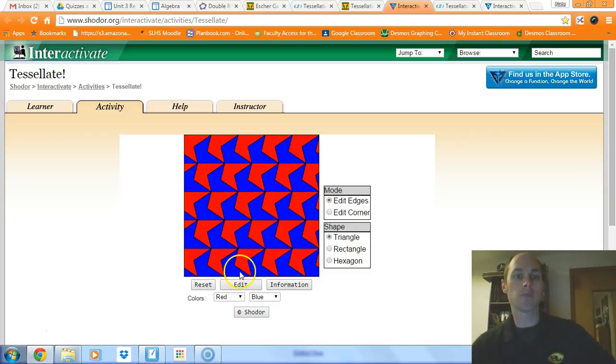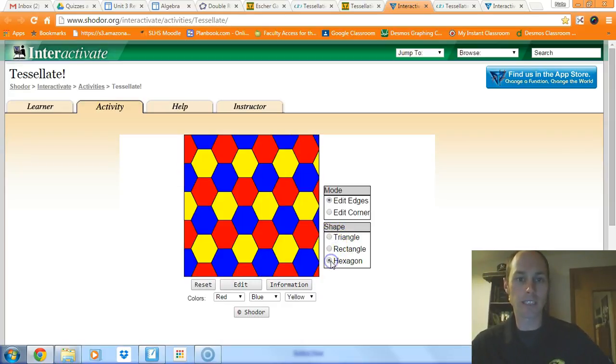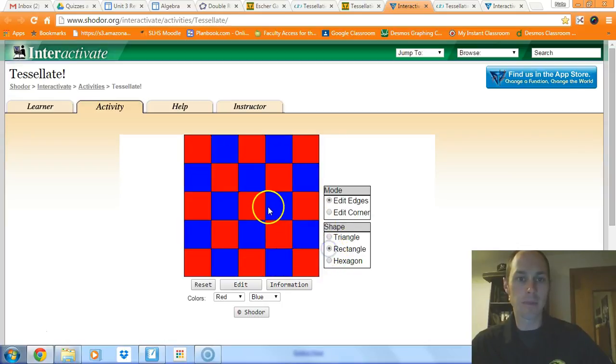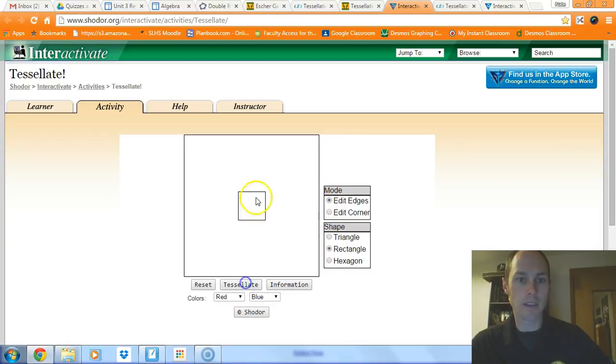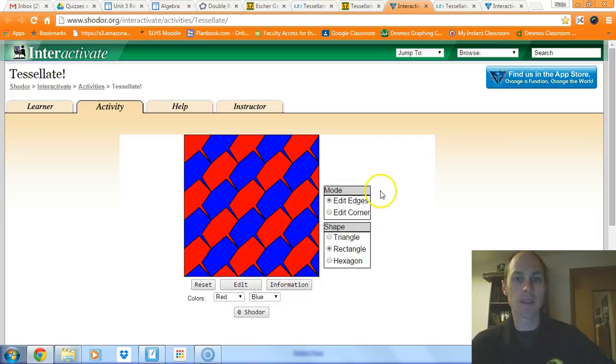So that's what MC Escher based his work on. He started with a basic shape, whether it's a triangle, rectangle, or hexagon, because those add up to 360 degrees at each corner, and just took that basic shape and adjusted it as he was working through it, and found a way to make it look pretty cool.